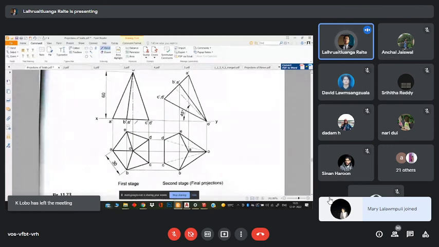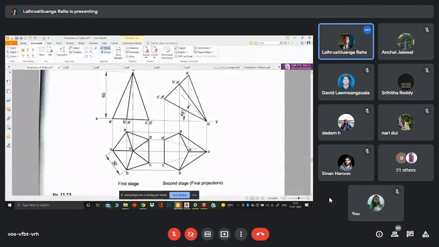So for this particular assumption, we are first going to have a base parallel to the HP. And as such, in our first iteration, when the whole thing is perpendicular to the HP, we are still going to have one edge of the base perpendicular to the VP in such a way that it is parallel to the HP.